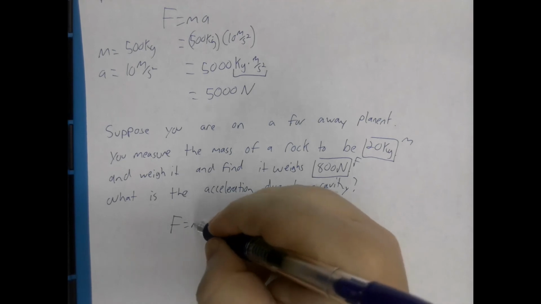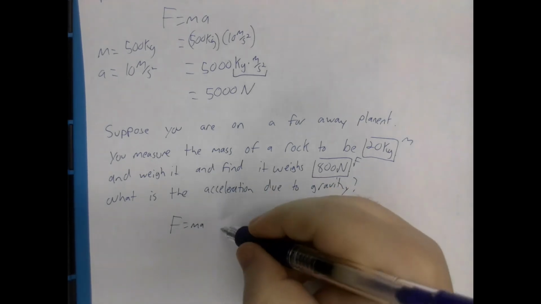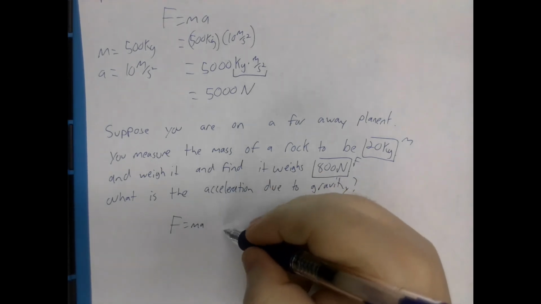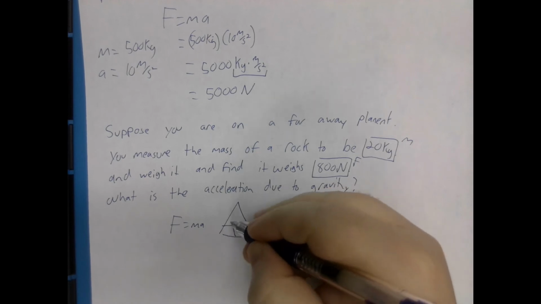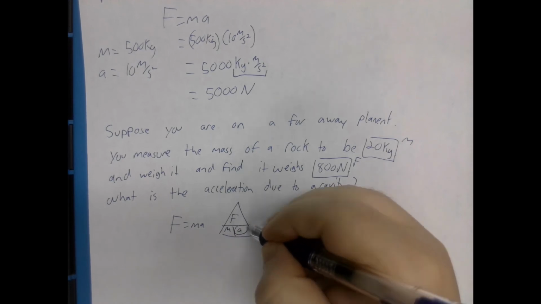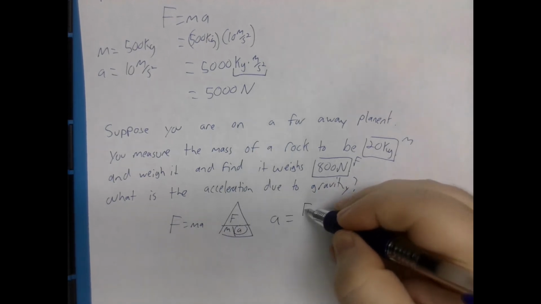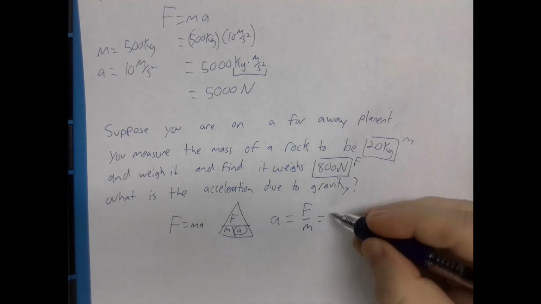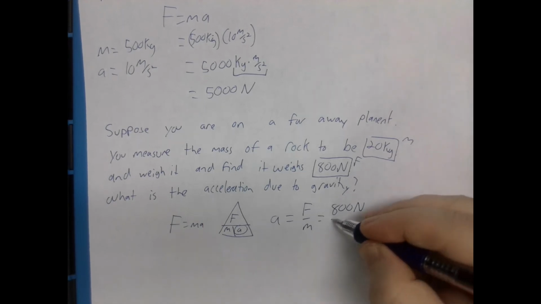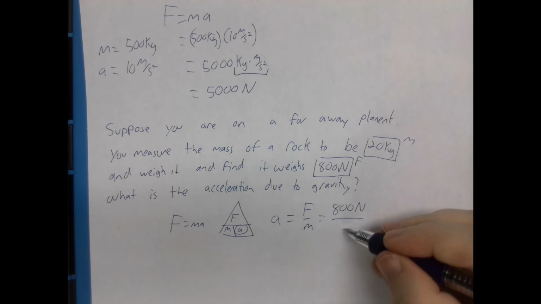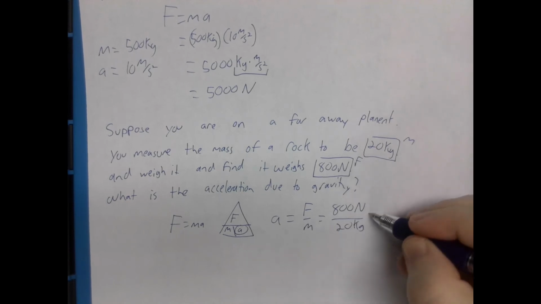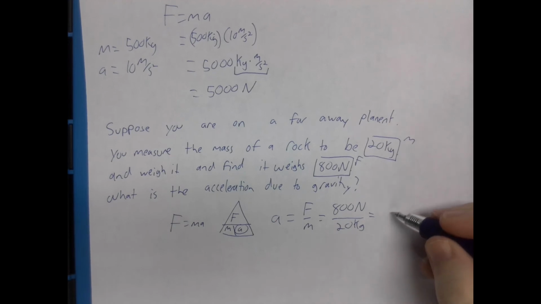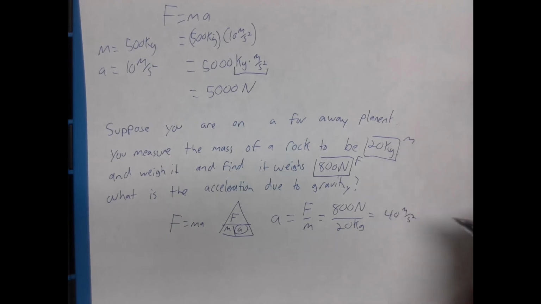So F equals mass times acceleration. Solving for acceleration, acceleration is equal to F over m. F is 800 newtons. Our mass is 20 kilograms. And we get 40 meters per second squared.